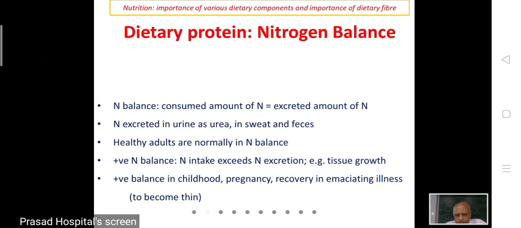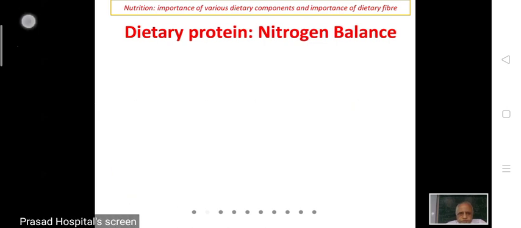Sometimes people think of becoming very lean and thin, and that is the emaciating process, and it is an illness. And there also, you lose nitrogen. But in the recovery, a positive balance is maintained during the treatment part.